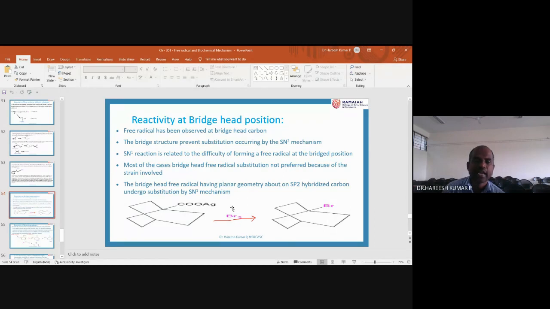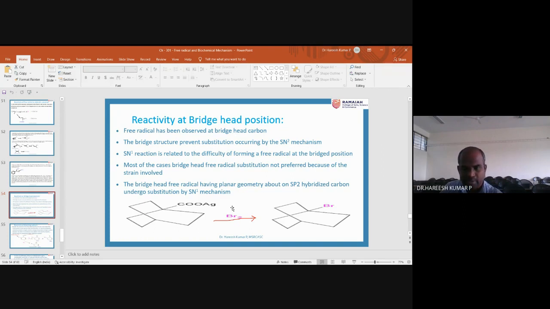In the next slide, I am explaining about the difference between the allylic proton and the methylic proton, and also I am explaining about the formation of halo compounds. Halo compounds means replacement of allylic hydrogen or the replacement of methylic hydrogen with respect to the different kinds of halogens.